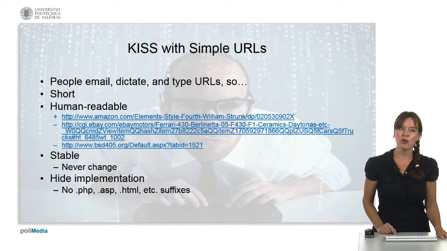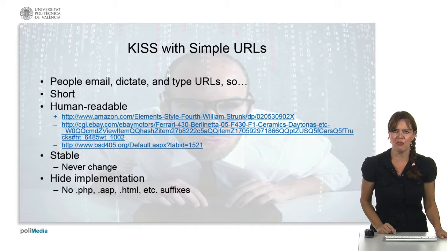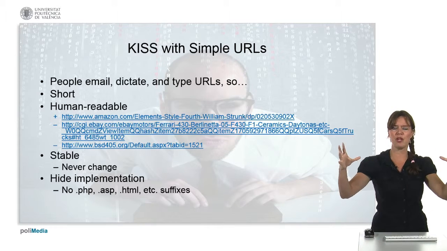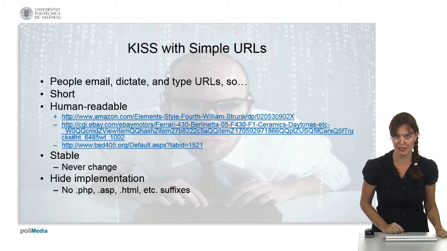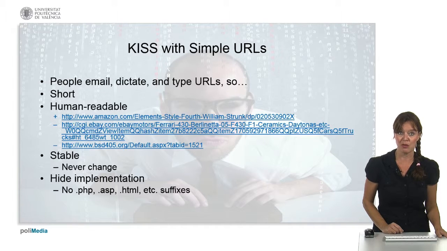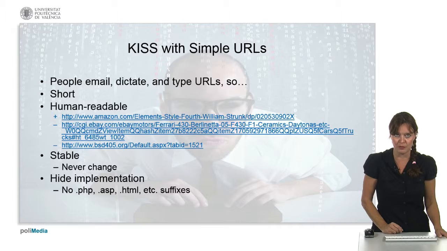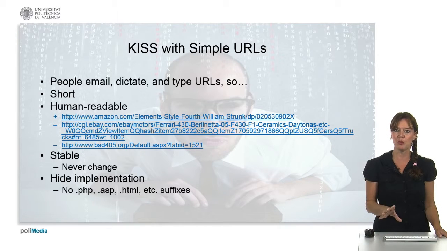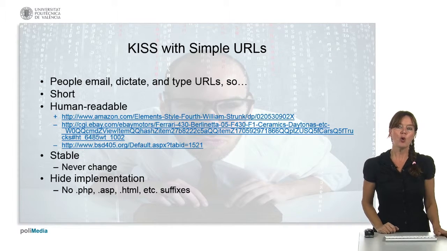The other links are worse. We're looking on eBay at some Ferrari, but there's a whole big string of letters that you don't want to dictate to your friend. The third one is not good because you can't even see what this is about. There are all kinds of numbers and symbols, but you don't know where this website is going. So make them human readable and keep them short. Also, keep them stable. Don't change them.